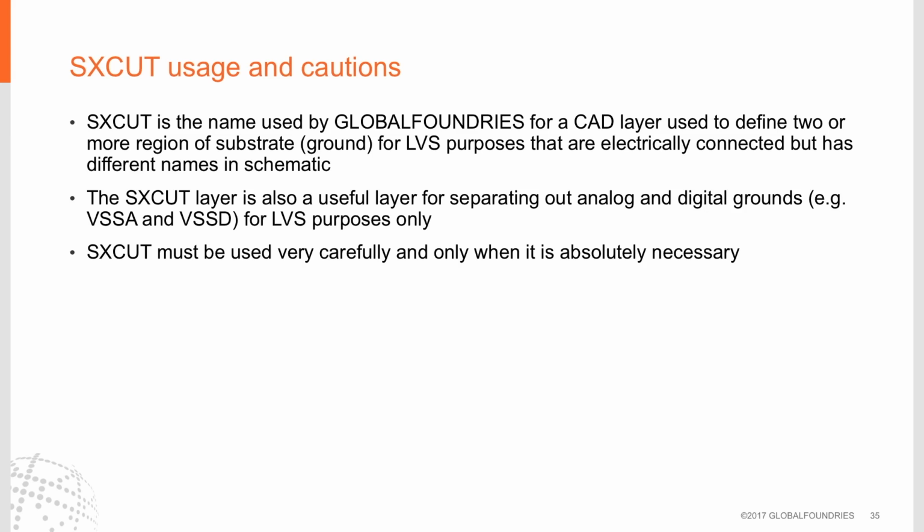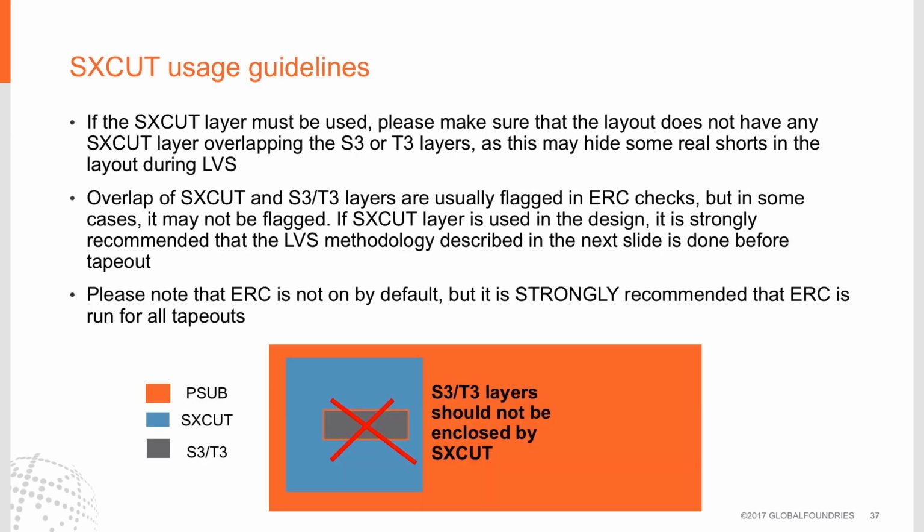You need to use this layer carefully and only when it's absolutely necessary. The reason is because it is only a tool for LVS purposes, but in silicon it is not separating the substrate. It's only one substrate, and they will be connected together.